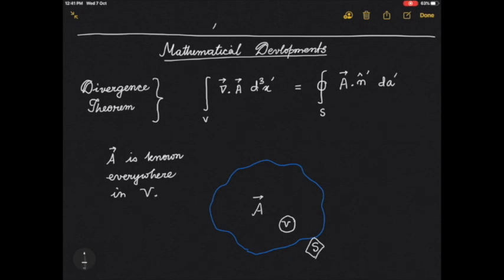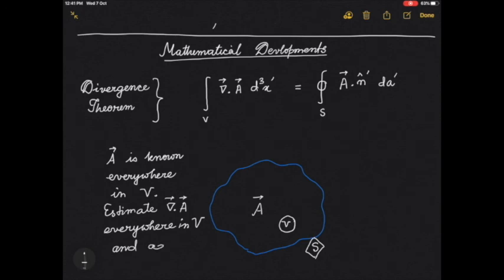Once you know A, actually you don't need to know A, but you need to know the divergence of A. But let's say that we know A. Estimate the divergence of A everywhere in V and add them up. So that adding up part is the integration, right?